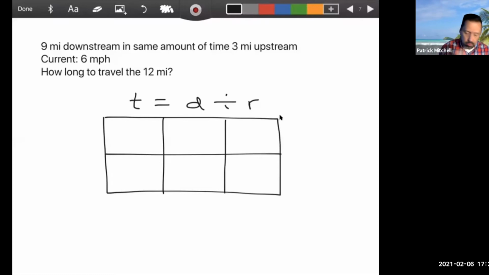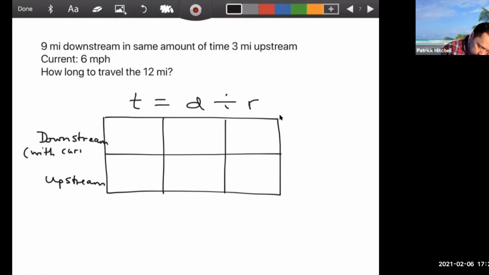So in this problem, the 2 parts of the trip are downstream and upstream. Downstream means with the current. So the direction that the water is flowing, you're paddling your boat in that same direction. Upstream means against the current. So that's the hard way to do it.